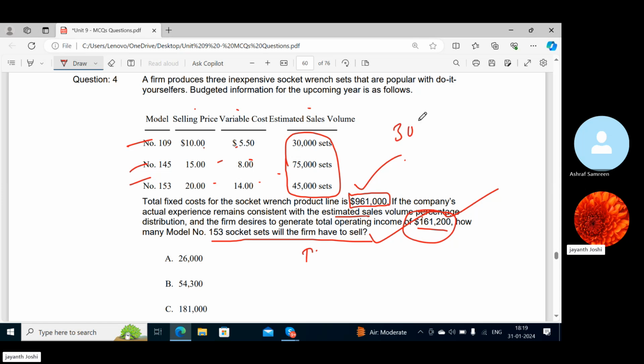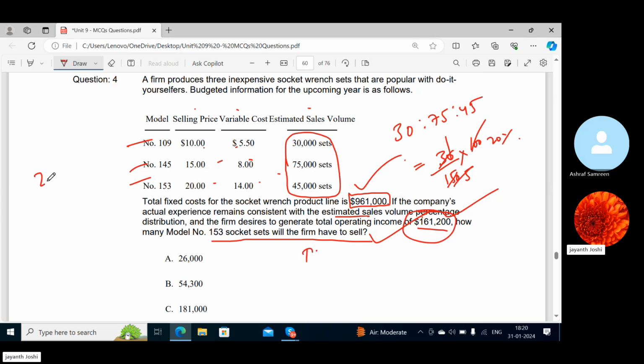So it comes out 30 is to 75 is to 45, correct? If I want to convert this into percentage, I will add all of them: 30, 75, 45, 150. So 30 by 150 into 100. So it comes around 20%, right?